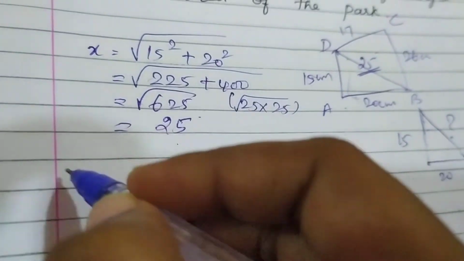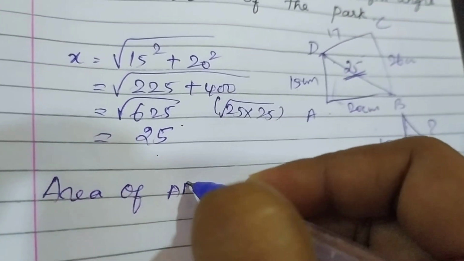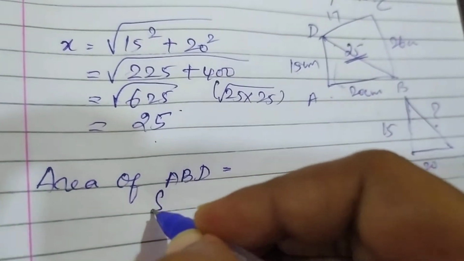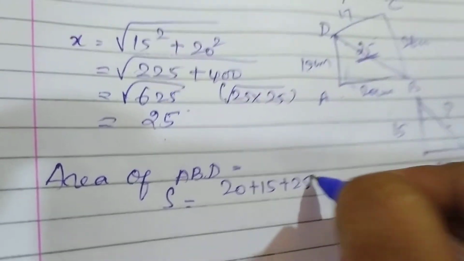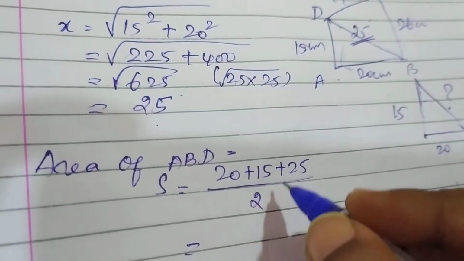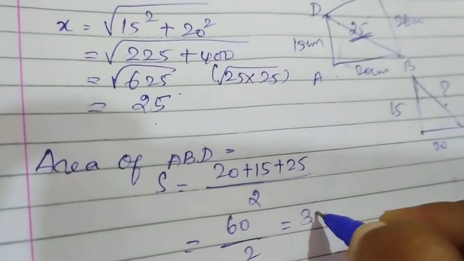First, area of ABD. First find S. S is equal to 20 plus 15 plus 25 by 2. 20 plus 15 is 35, 35 plus 25 is 60, by 2 is 30.